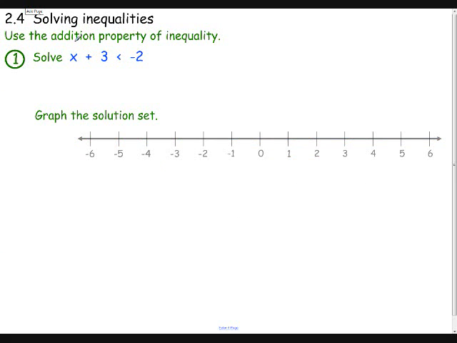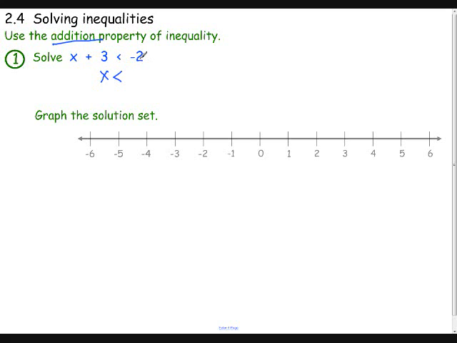We're going to use the addition property of inequality, which is exactly the same as the addition property of equality. In this case, we can add a -3 to both sides, leaving us with x on this side. Same symbol.